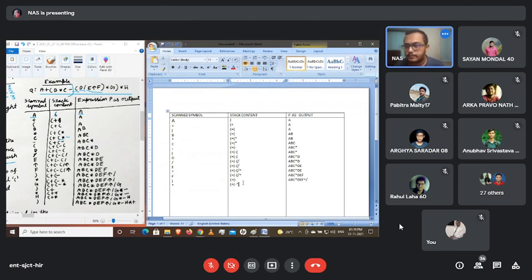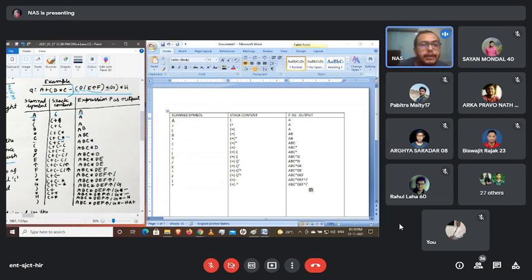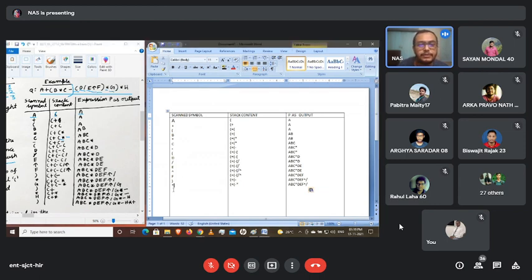It remains as it is because higher precedence is on the right side. Very good. Okay, next, after encountering star, we are encountering G. G is an operand, no issues there. So G will come as it is. G.